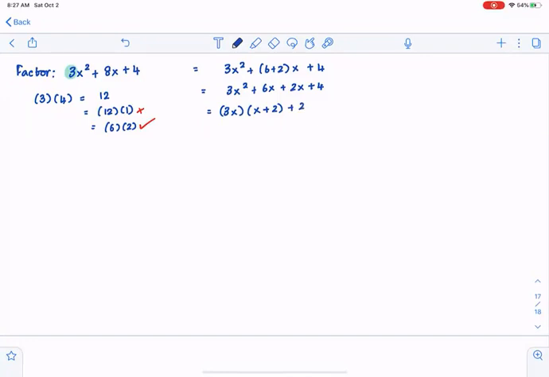If I pull 2 out from the last two terms, I will have x plus 2. So x plus 2, x plus 2. We have x plus 2 in common. So if I pull that out, I'll be left with 3x plus 2. And that is the factored form. And clearly, this particular trinomial is not prime because we were able to factor it using real numbers.